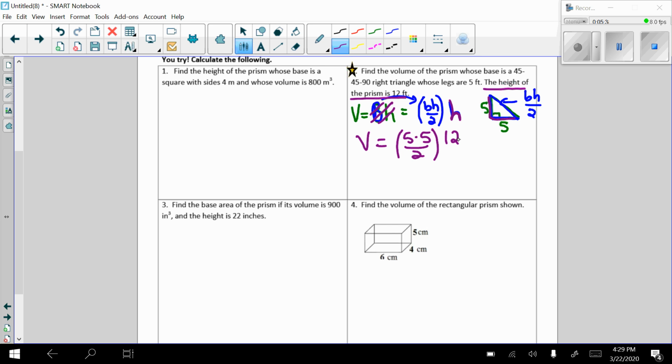Now we're going to stick this in our calculator, and we should get that the volume of this prism is 150 feet cubed. Again, it is a triangular prism, so that's why we had to use base times height divided by 2 in our formula.